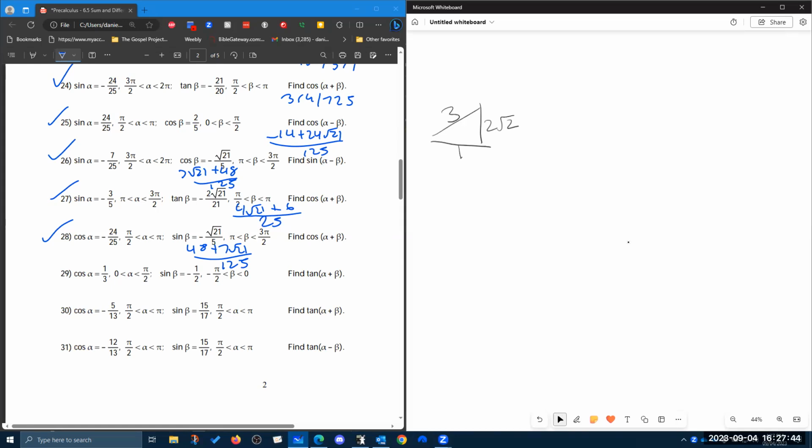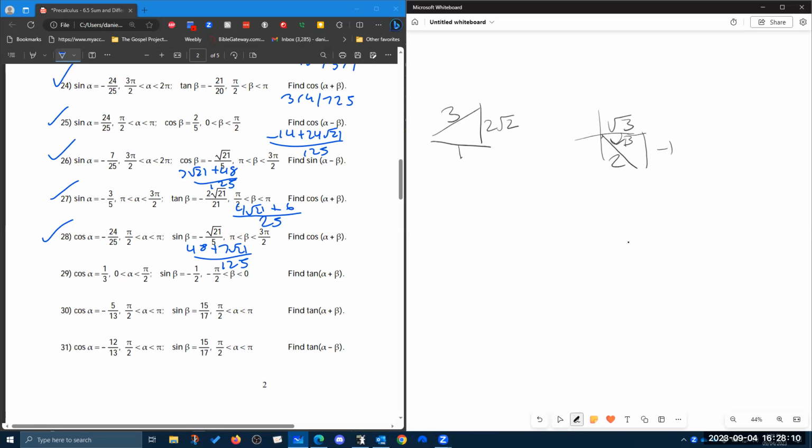Beta is in quadrant 4, and it's a negative angle. Beta's down this way here, and it has a sine value of negative 1/2, which makes that a positive root 3.